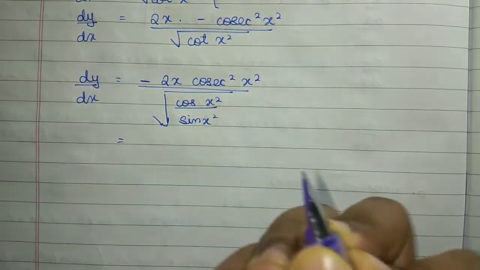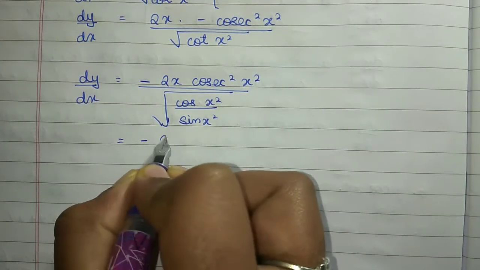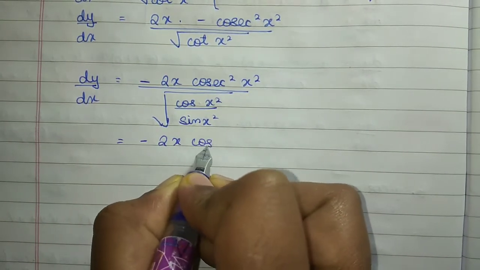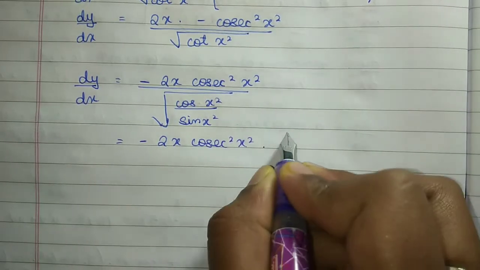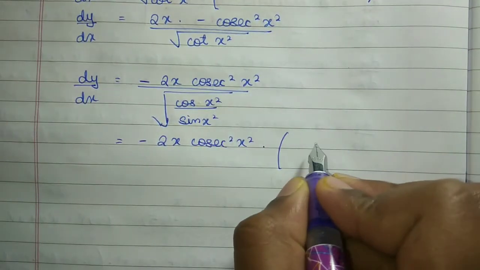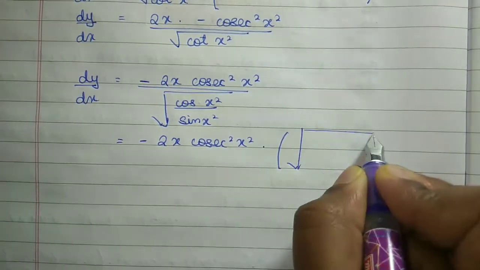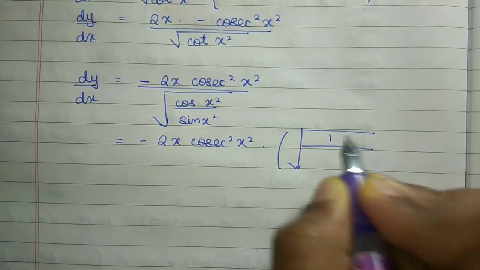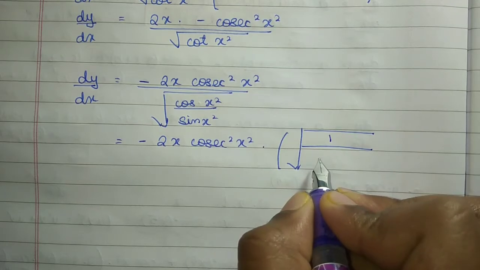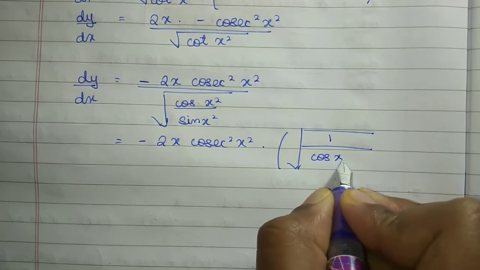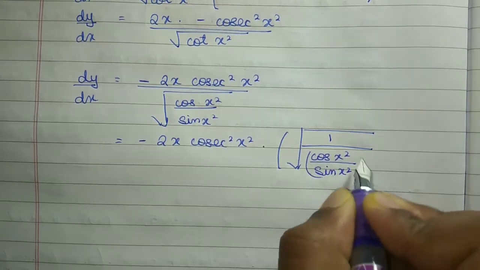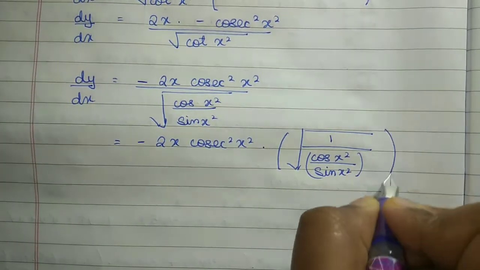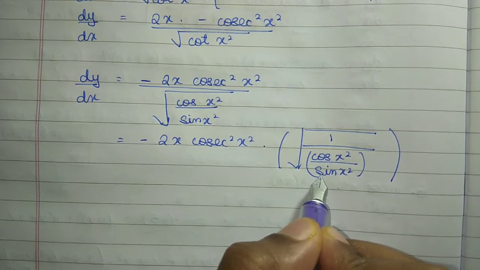So now I will have it as minus 2x cosecant square x square into, I will be taking this as root of 1 by, root of 1 is 1 only. So 1 by cos x square divided by sin x square. Okay, I think you will be clear till here.